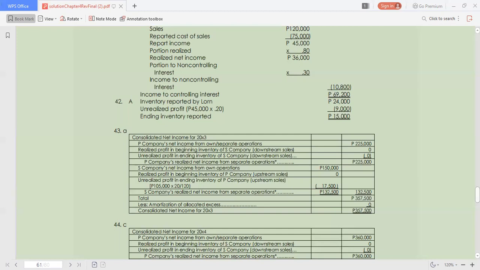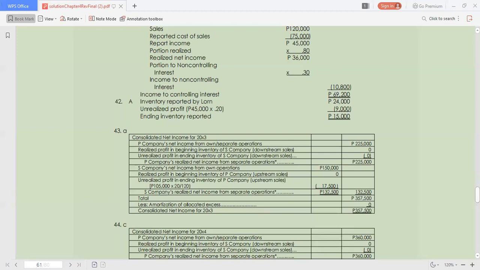So we have now the unrealized profit in the ending inventory of P company in the upstream sales. So the ending inventory of P company is 105,000 as given. Then we multiply it by 20 over 120. So we are now given 20% above cost over 120.